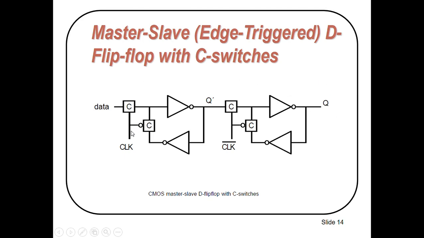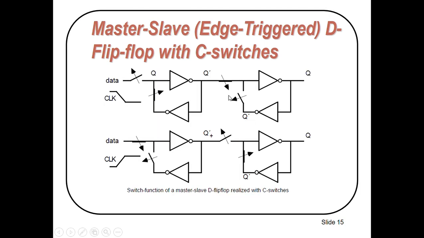Here you can see the output. When the master is transparent, the slave is on hold, and when the master is on hold, the slave is transparent. Here you can see the master slave structure.